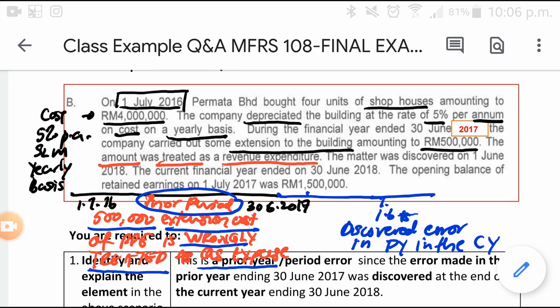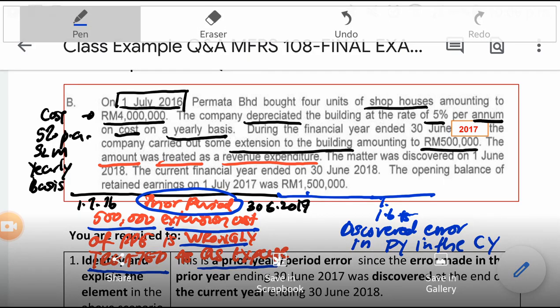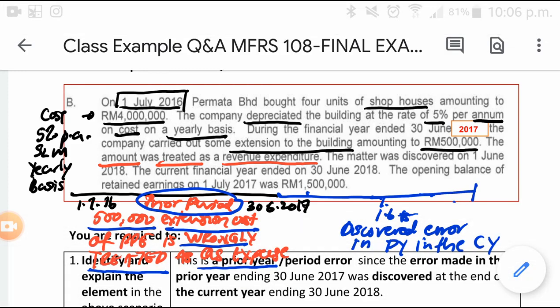You discovered an error in the prior year or prior period error in the current year. And on the date that you discovered, it was 1st of June 18. So the year end is 30th of June 18. So this one is your current period. So meaning that the error in the prior period was discovered in the current period.